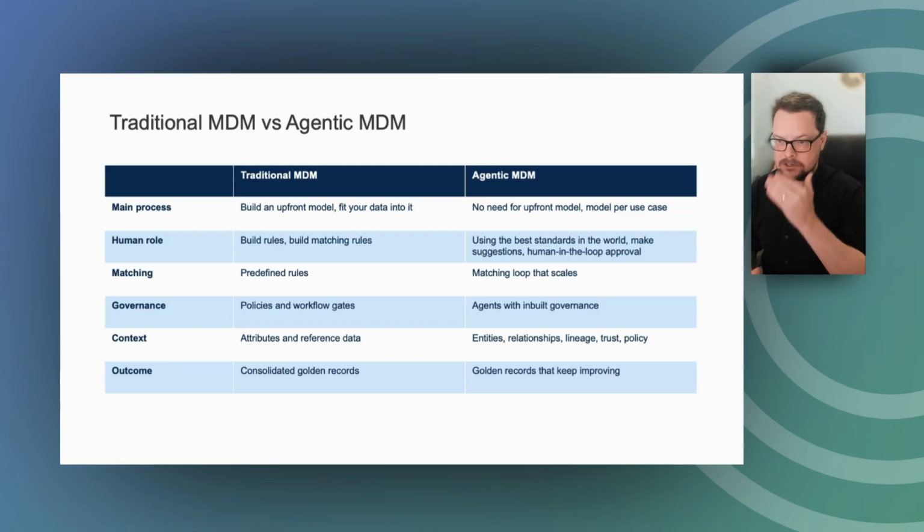From a context perspective, traditional MDM was all about data dictionaries. Have you filled in all the descriptions? Do you have reference data? Do you have metadata associated with it? This is still important, but an agentic nature brings in different elements to this. This is now something that can work at a higher level. Entity graphs, ontologies, knowledge graphs, call it what you will.